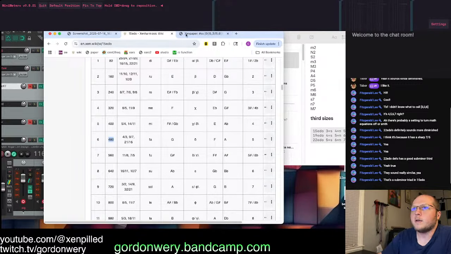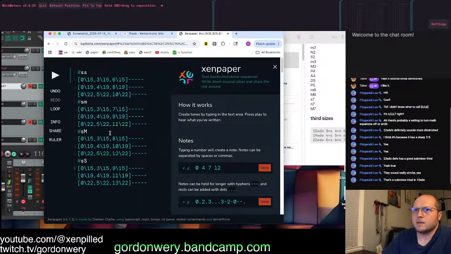Okay, that makes sense. And I imagine that's why you didn't want to include it. That's a subminor triad in 15 EDO. The first inversion of this. No. Oh, this. Oh yeah, right.